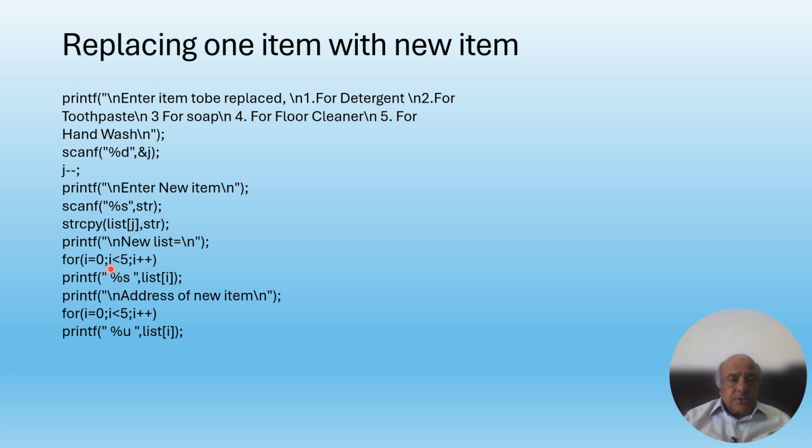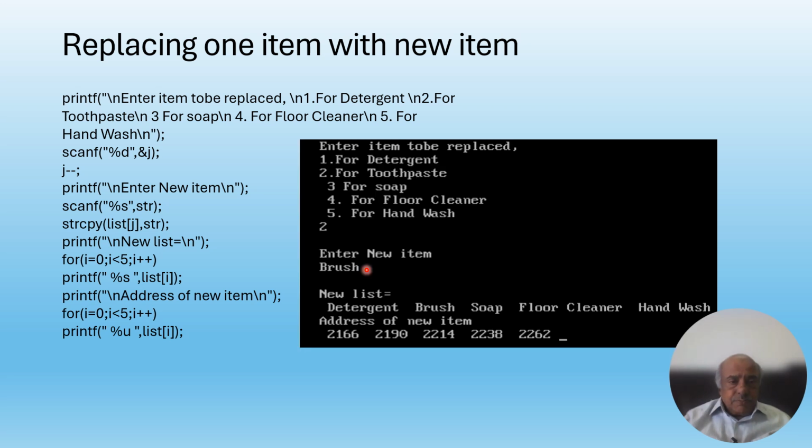It also displays the addresses again of the new list to ensure that the new item is copied into the same memory block from which we are removing one of the items.